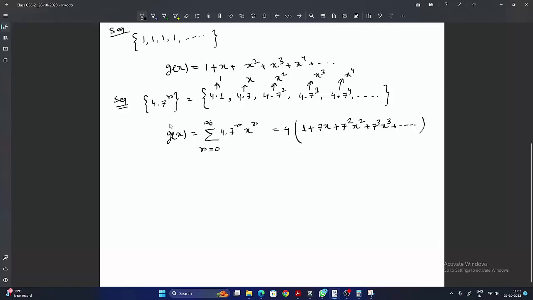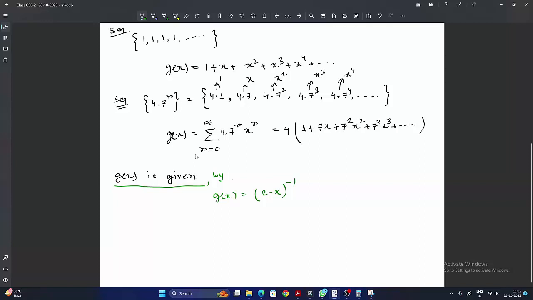Suppose I give this as a problem: the generating function g of x is given, suppose, by g of x equal to 2 minus x to the power minus 1.